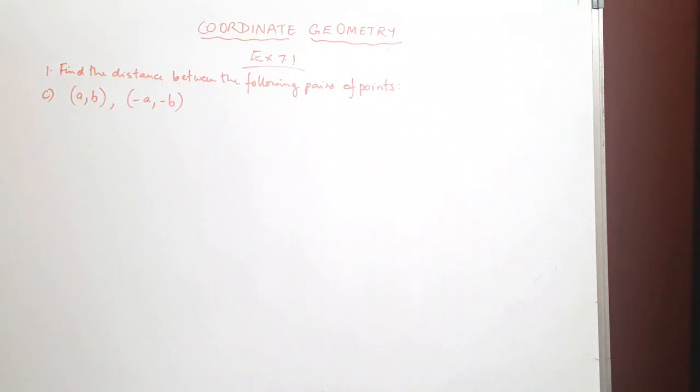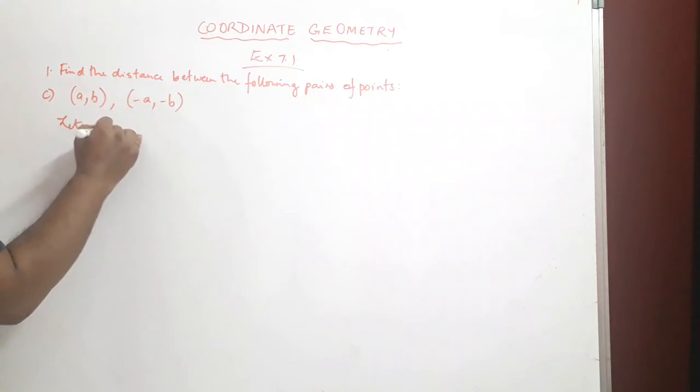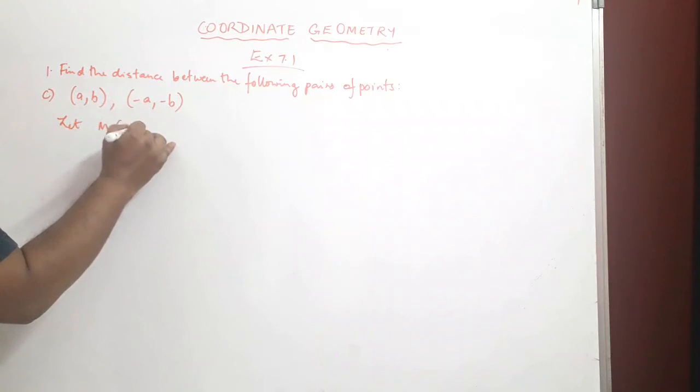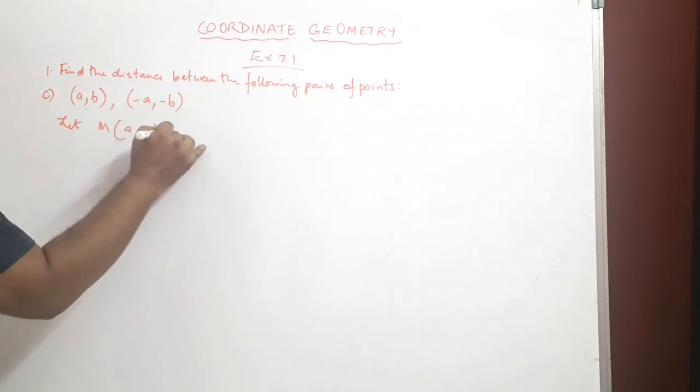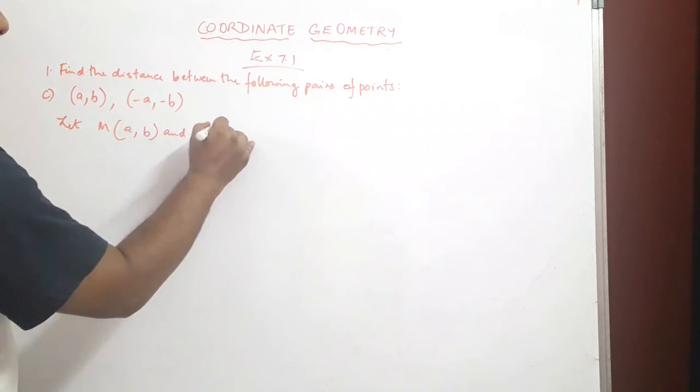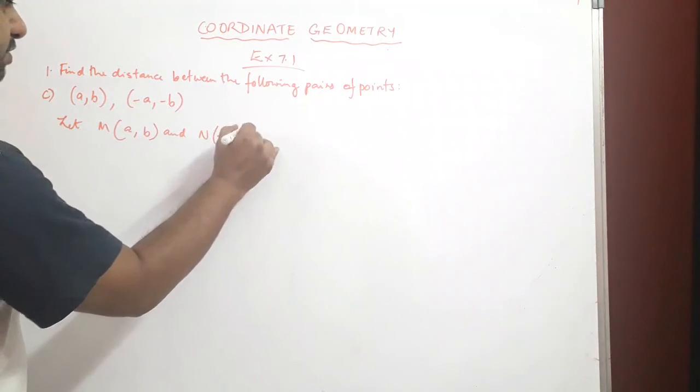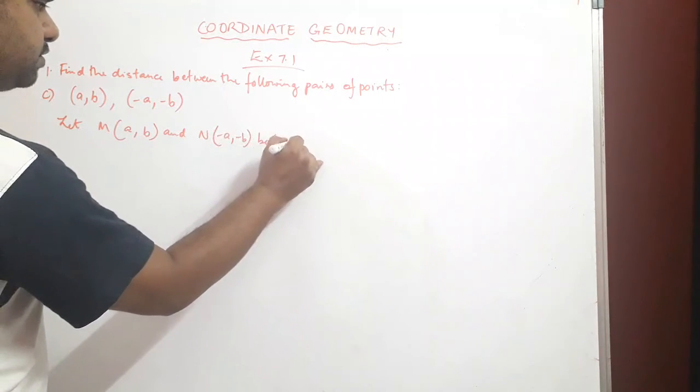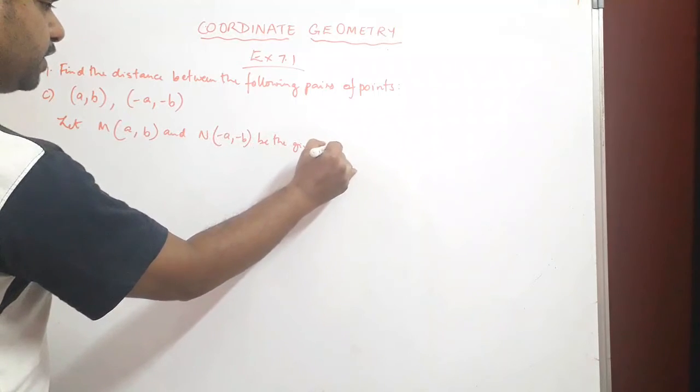Our next problem is (a, b) and (minus a, minus b). Once again we'll assume, this time I'll take M (a, b) and N (minus a, minus b) be the given points.